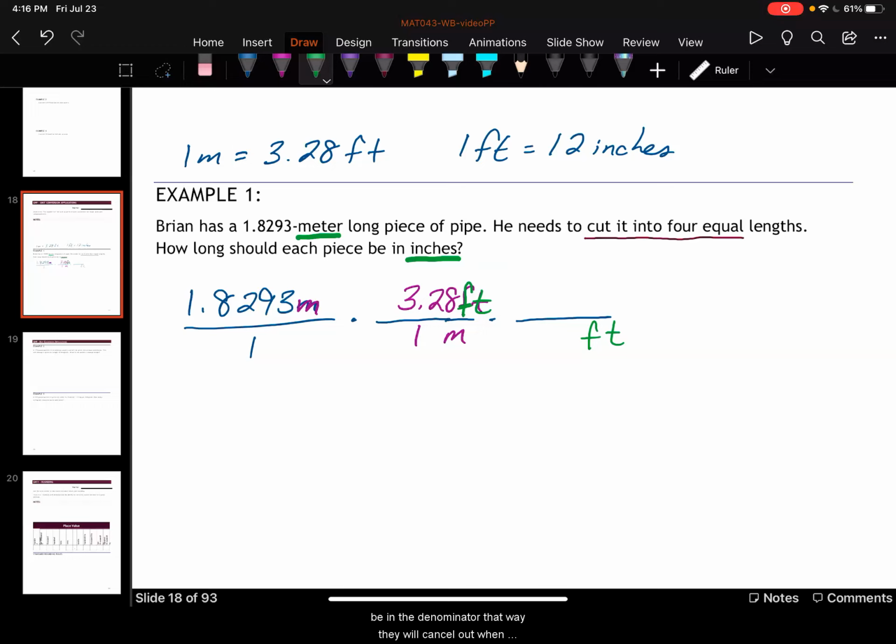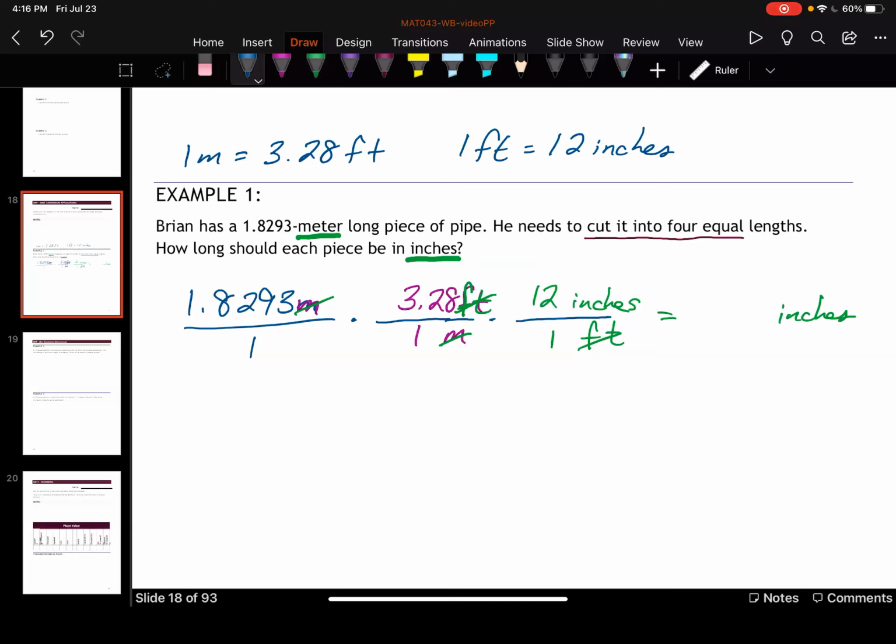That way they will cancel out when we do our multiplication. And so that would be 1 foot and 12 inches in my numerator. So meters will divide out, feet will divide out, leaves us with inches for our answer.